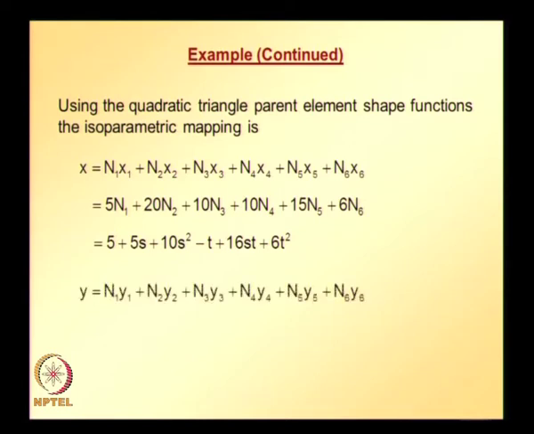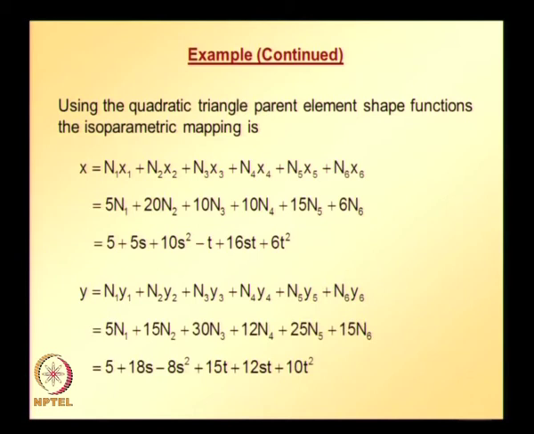Similarly, y in terms of s and t we can obtain using the shape functions of all the 6 nodes of the parent element in terms of s and t.